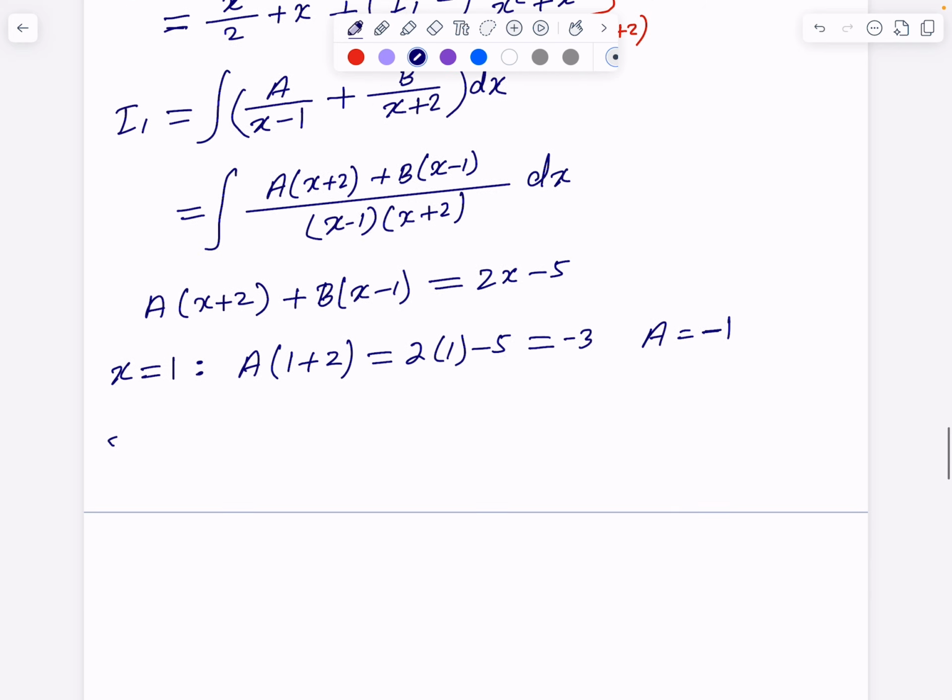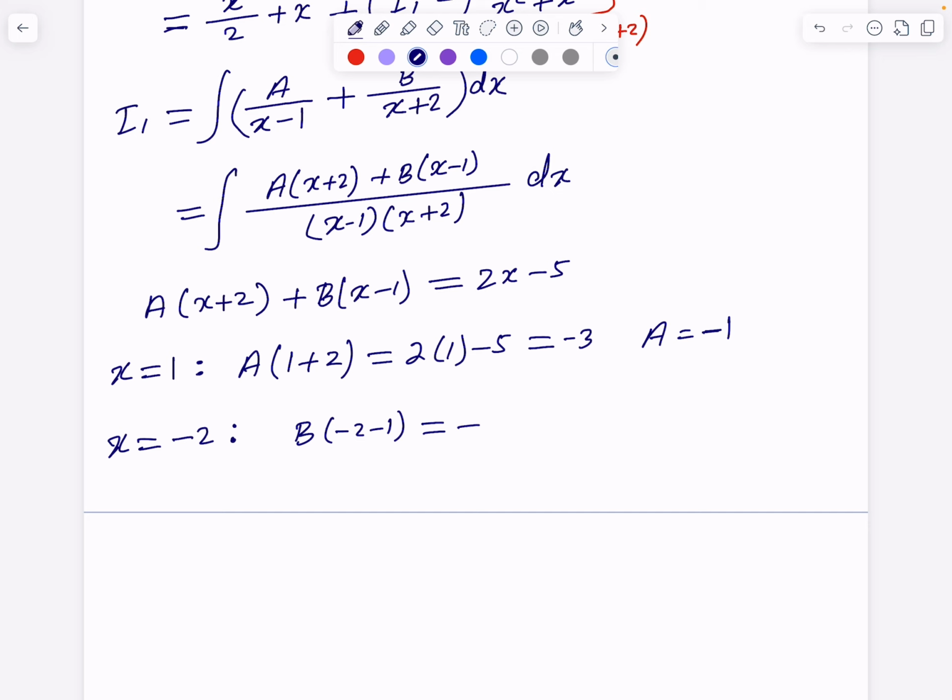And now we're going to equate x to minus 2. Therefore, this one is going to go to 0. And we're having this term, B times minus 2 minus 1, which is minus 3.